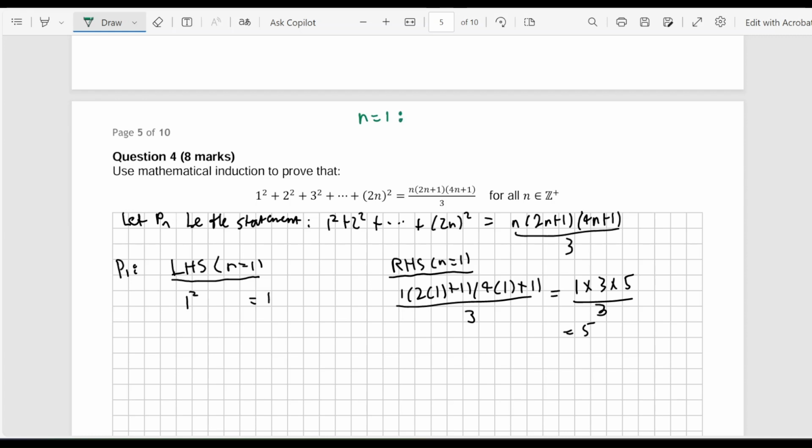So at n equals 1, my sum starts at 1 squared, and it has to end at 2 lots of 1 squared. 2 lots of 1 is 2. So the sum actually ends at 2 squared. When n equals 2, we start at 1 squared and we start churning through this. It ends at (2n) squared. 2n is 4.